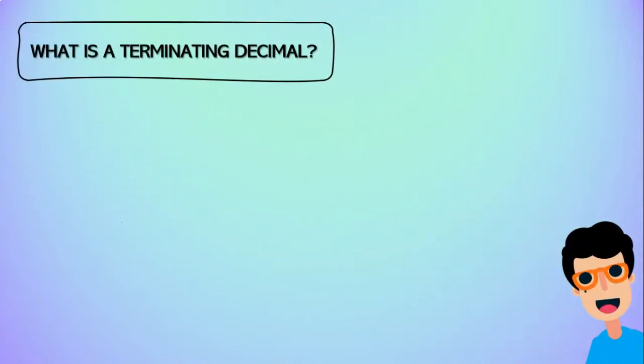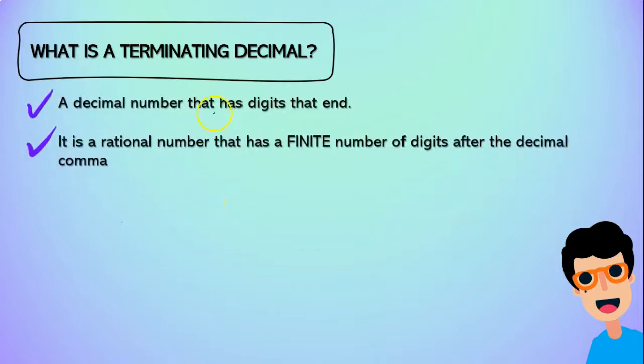So what is a terminating decimal? A terminating decimal, first of all, is a decimal that has digits that end. For example, a number like 67.9 finishes in 9. A number like 4 divided by 2 is 2. That number finishes. So those are terminating decimals.